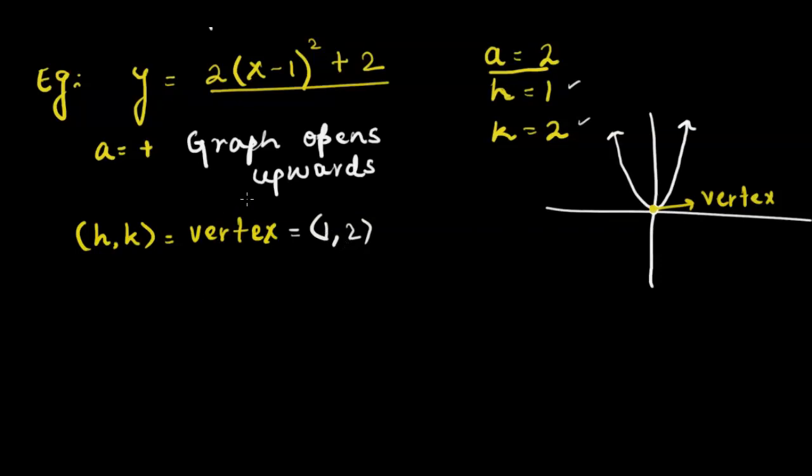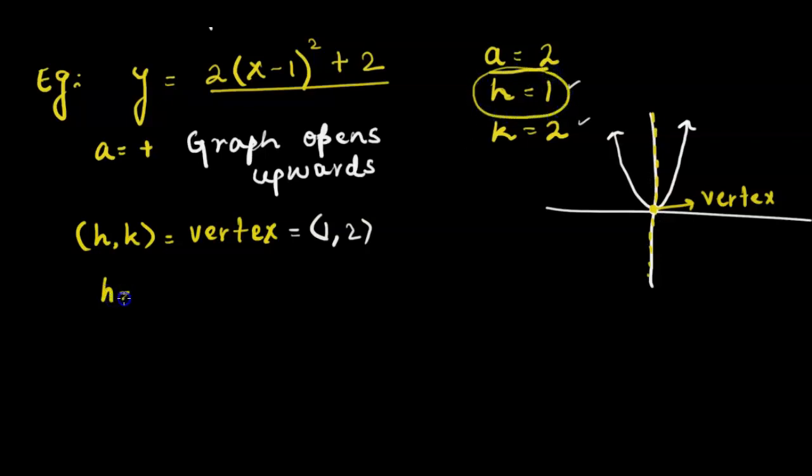Another property that we get from a, h, k or from the vertex form is the axis of symmetry. The axis of symmetry is the line that divides this parabola into two equal halves. Always remember, a parabola has a vertex and it always has an axis of symmetry too. This axis of symmetry can be taken from the h value of the equation.